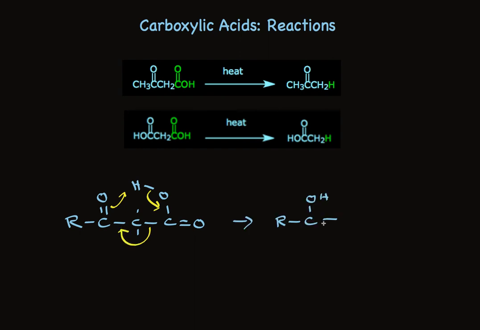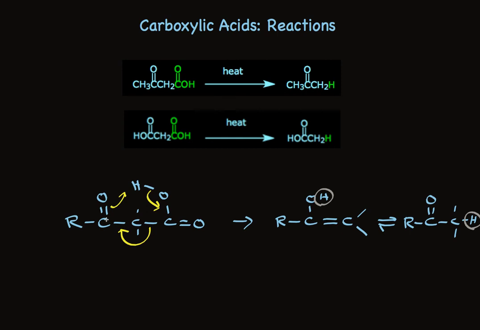The initial product is a structure we call an enol, with a hydroxyl group attached to a carbon-carbon double bond. These are in equilibrium with the ketone form of that structure, where a proton has actually moved from the oxygen to a carbon. So here's a proton that is lost, was attached to this oxygen, and here's a proton that is gained, now attached to the carbon.